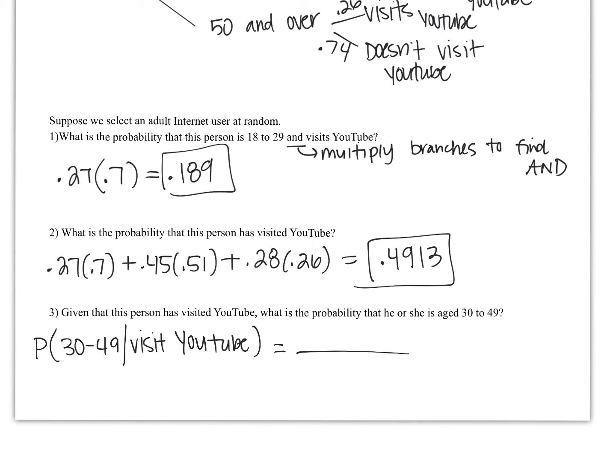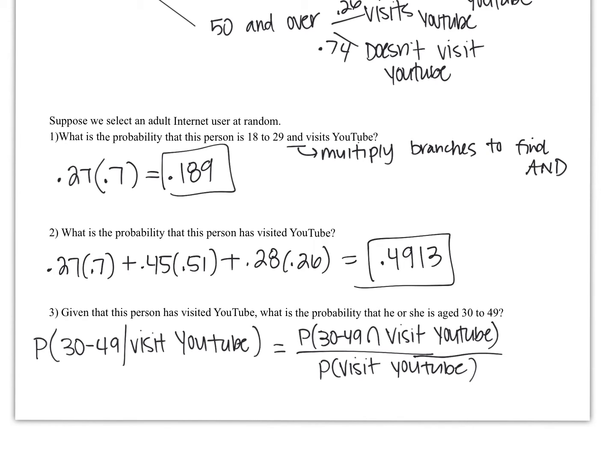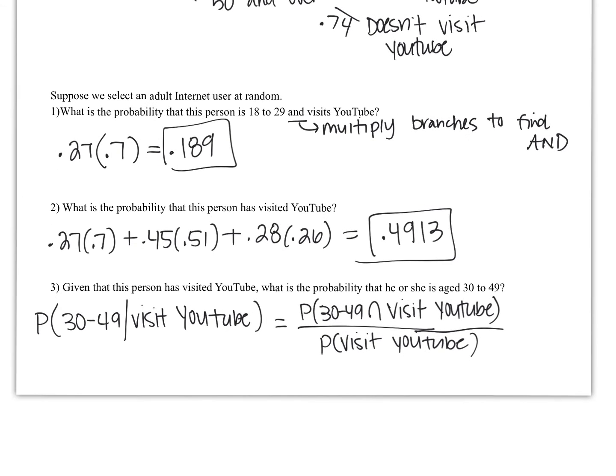So what we want to do is the probability you're 30 to 49 and visit YouTube divided by the probability you visit YouTube. So the nice thing is we have found the probability you visit YouTube, which takes part of the work out of the problem for us.